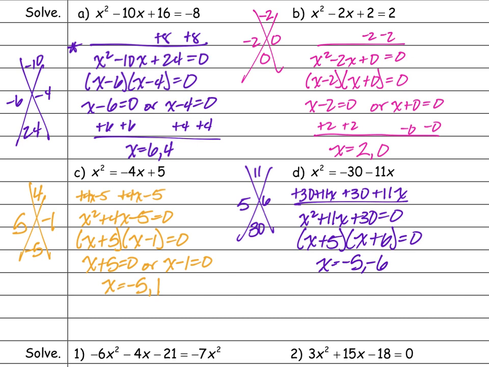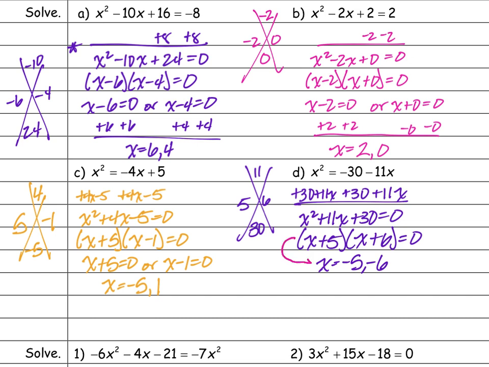Now I want to kind of talk about this. Notice that as I went along, I started taking steps out, right? Do you guys see that? Because if you can understand what's happening, do I have to write it out every time? I don't. What's happening? How do I get from here to here?